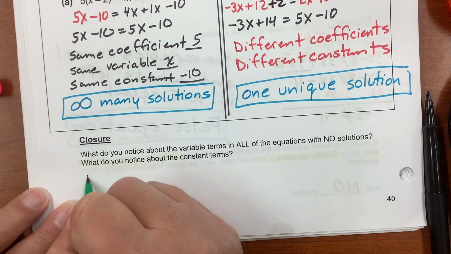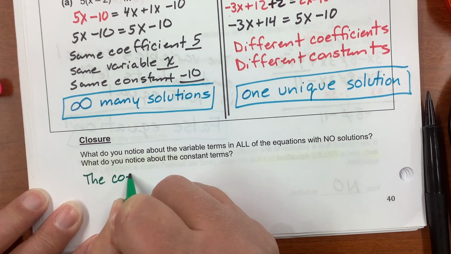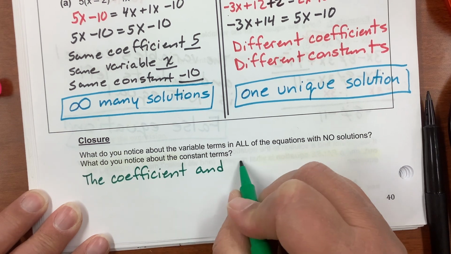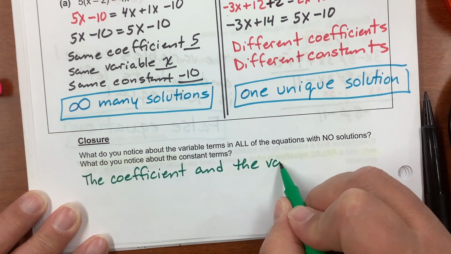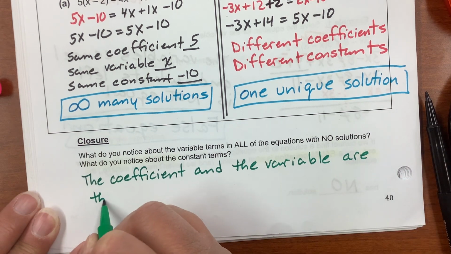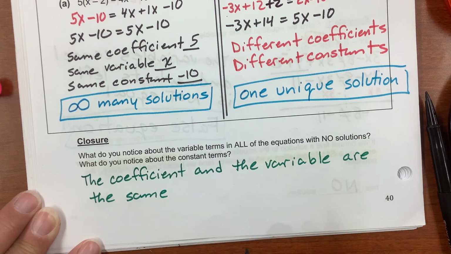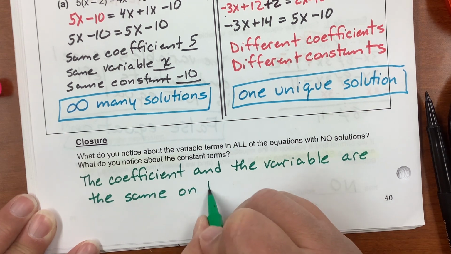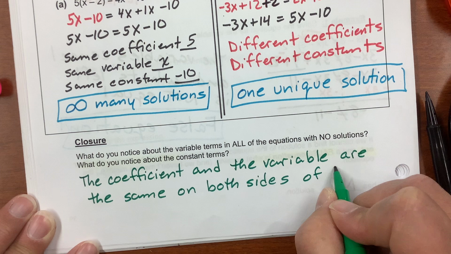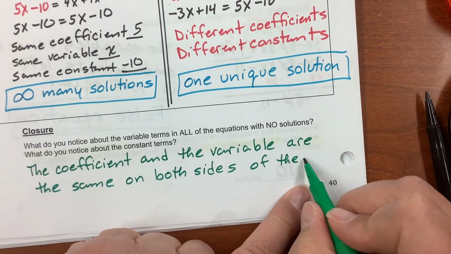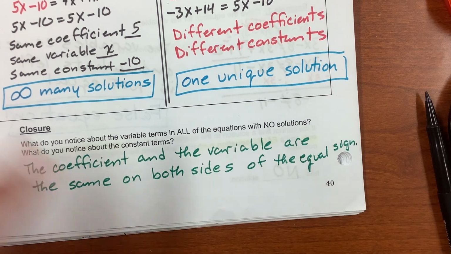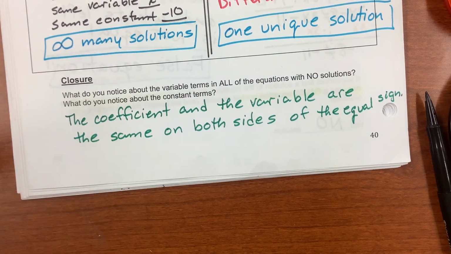The variable term, the coefficient and the variable, are the same on both sides of the equal sign.